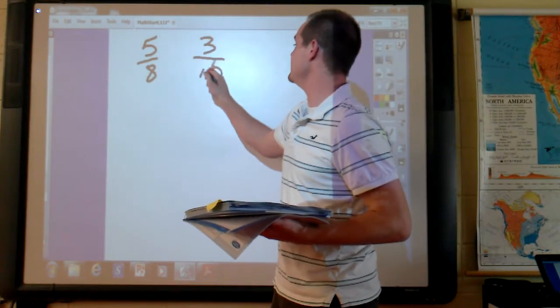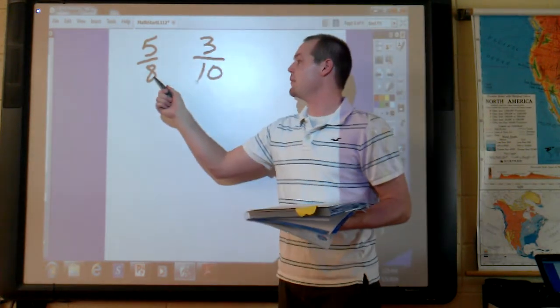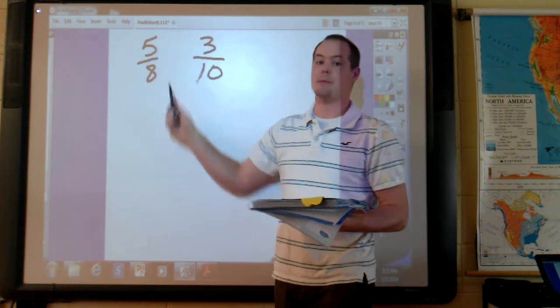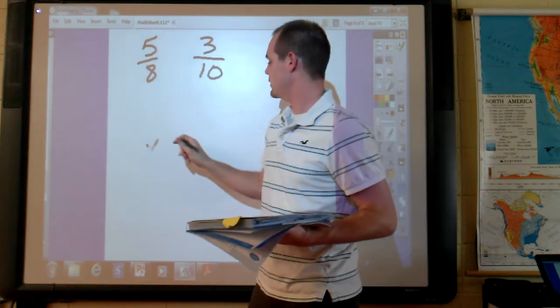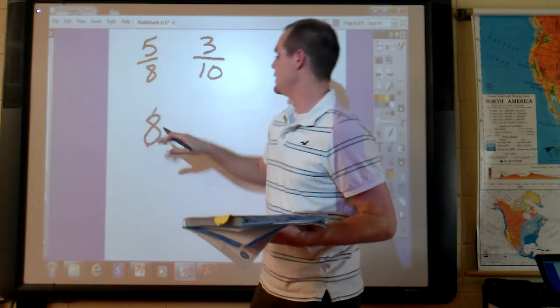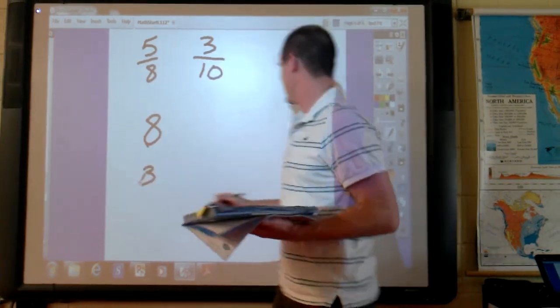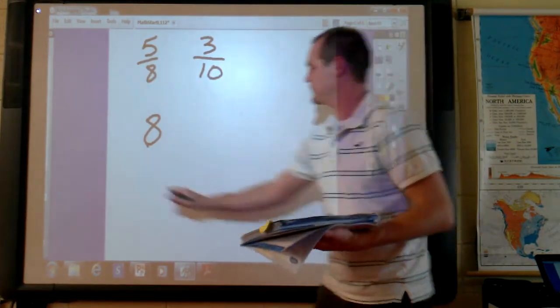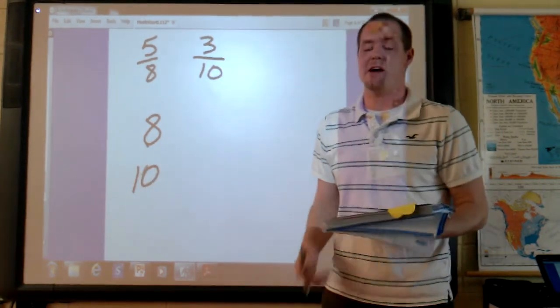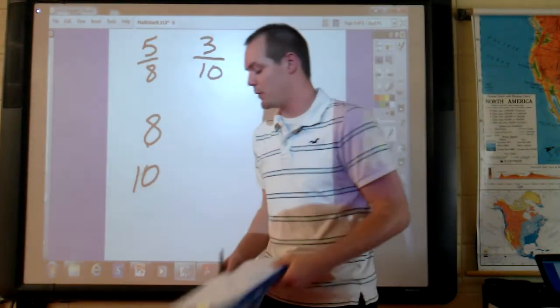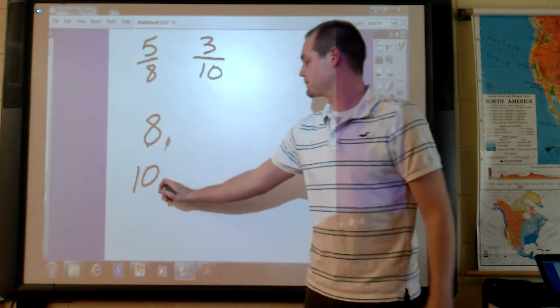The denominator of 5/8 is 8. The denominator of 3/10 is, of course, 10. Then they say find the least common multiple of 8 and 10.